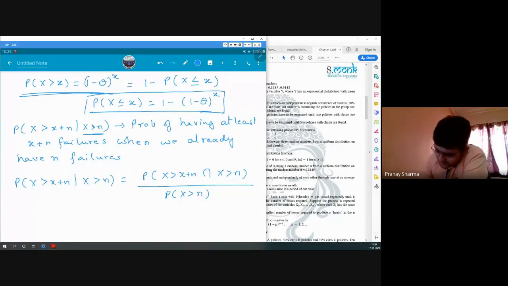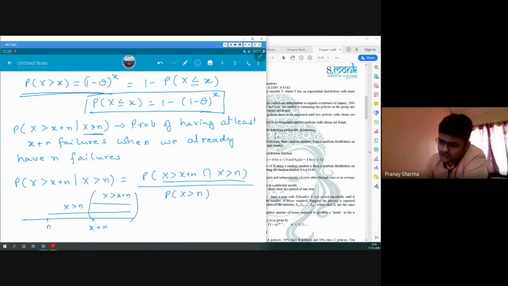Now how can we find this? If I say my timeline, this is my n, this is represented by X greater than n, and let's say this is x plus n, this portion is represented by X greater than x plus n. So what is common between them? Everything here is common between them, right? So everything that is greater than x plus n is common between them.